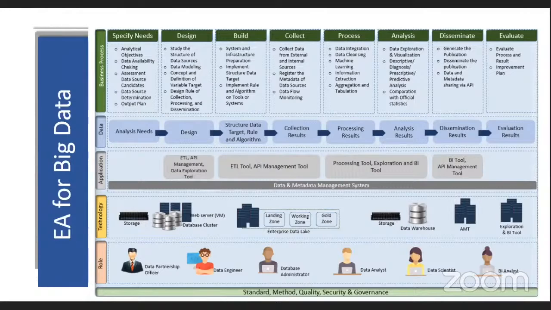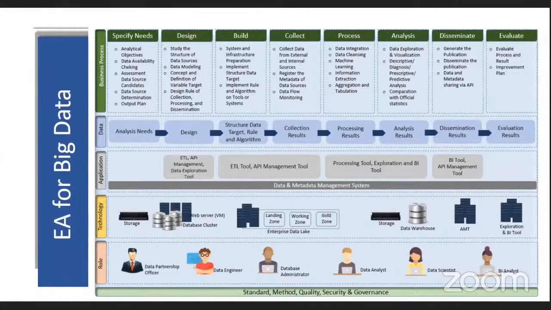So we must ensure the quality and the coverage of the data, because we aim to use big data for official statistics. We must carefully conduct each phase of big data utilization.